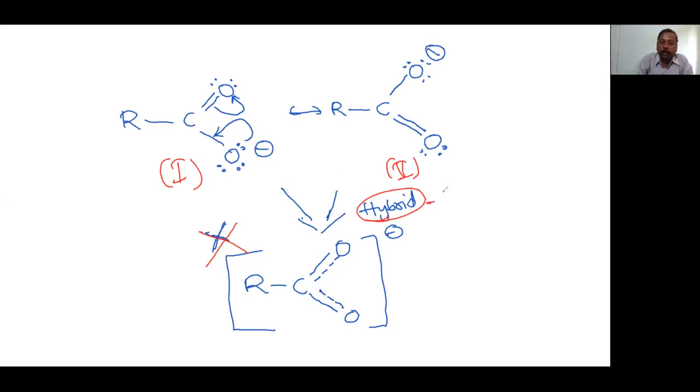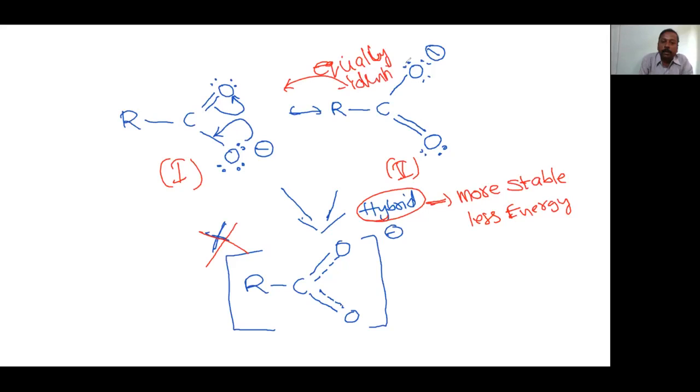The resonance hybrid will always be more stable, with less energy. Is it understood? These two are equally, identically stable.